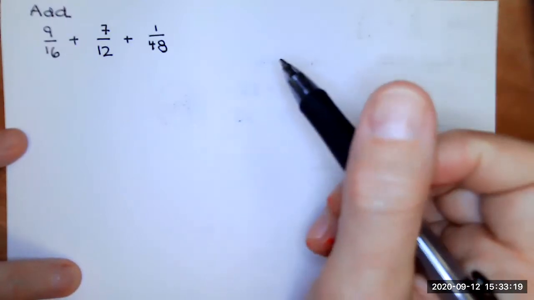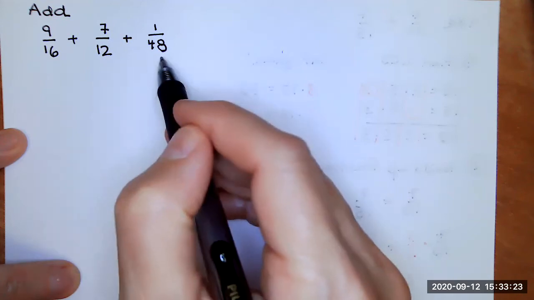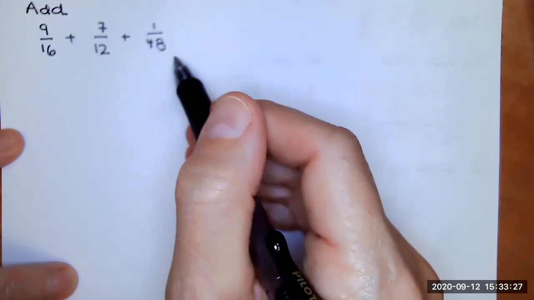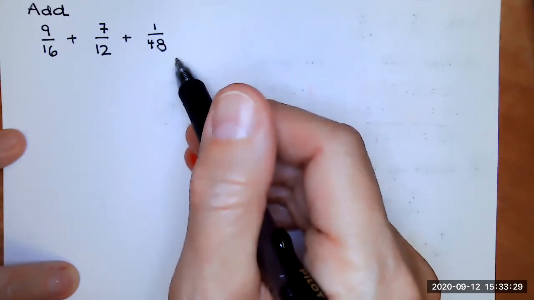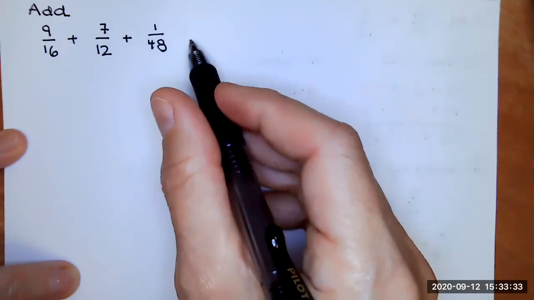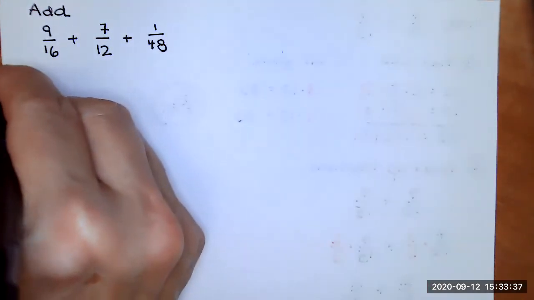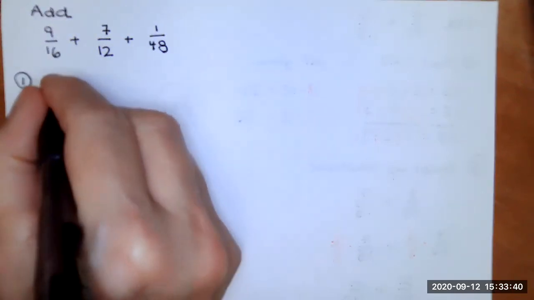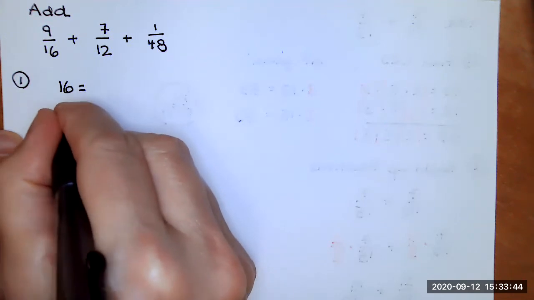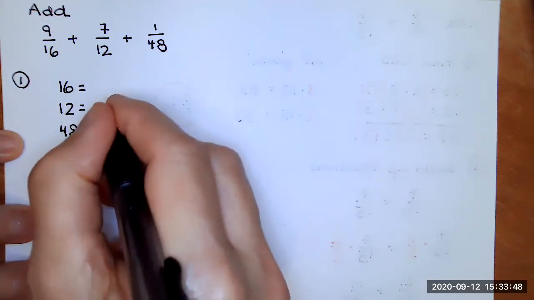All right, let's try another example. 9 over 16 plus 7 over 12 plus 1 over 48. And like before, this would be a good place to hit the pause button and try it on your own. All right, so the first thing you want to do is find the least common denominator. So you take all your denominators and write the prime factorization.